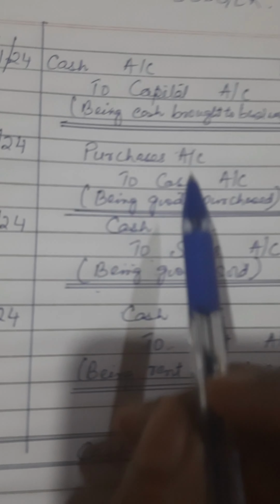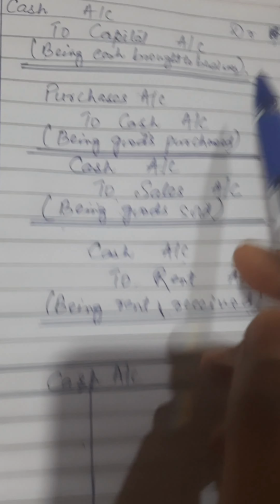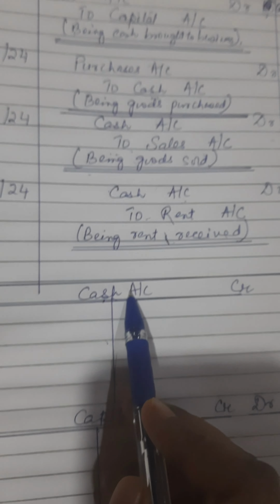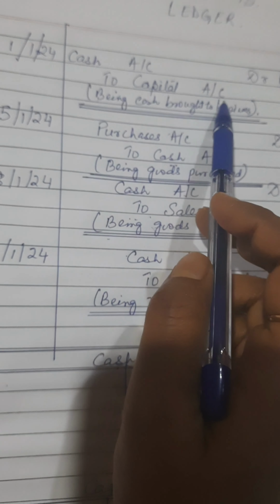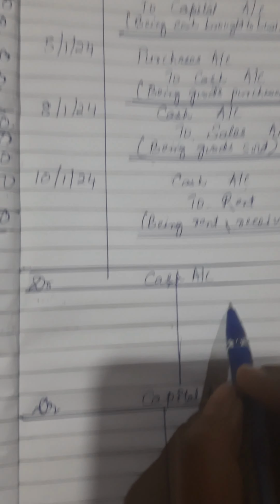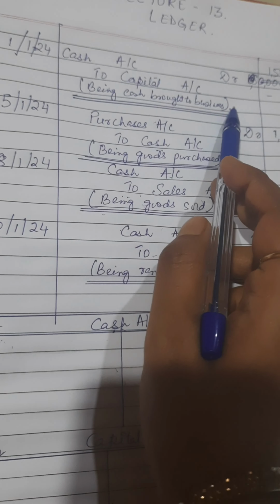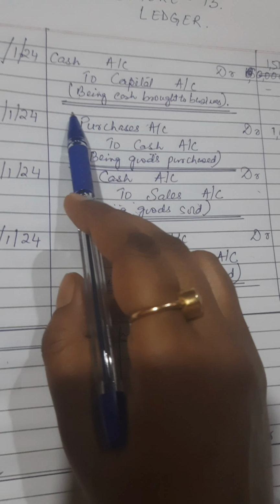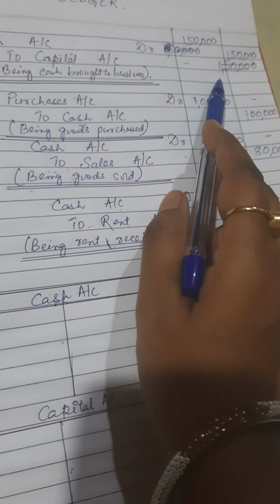So what is my first account? It's cash account debit. So let's go to the cash account. This is the cash account. You see friends, I told you 'To' is this side, the debit side, and 'By' is this side. So cash account is debited by capital account, 1,50,000.